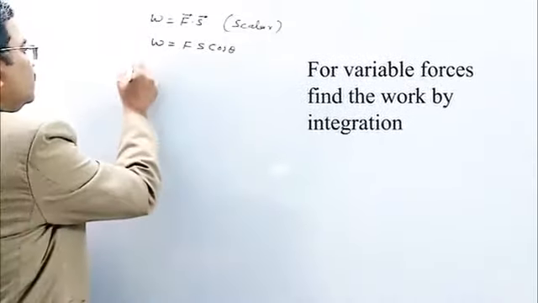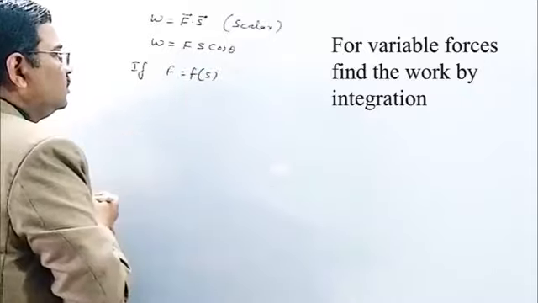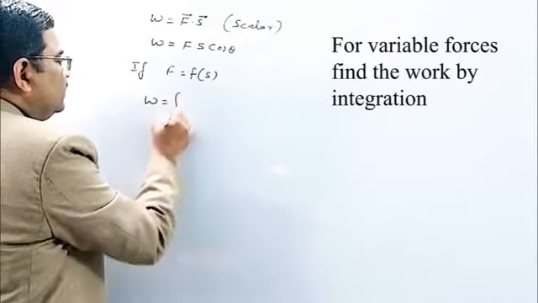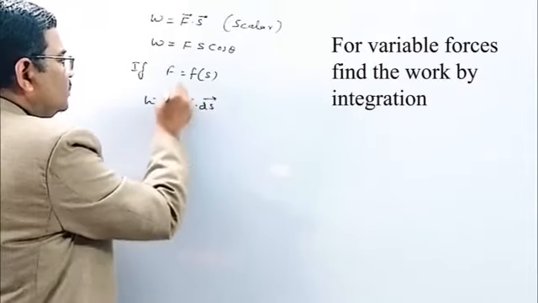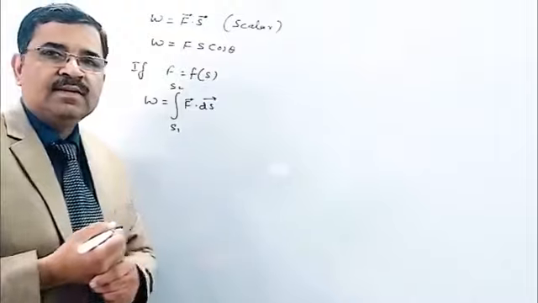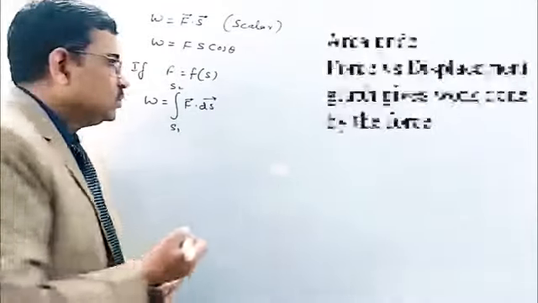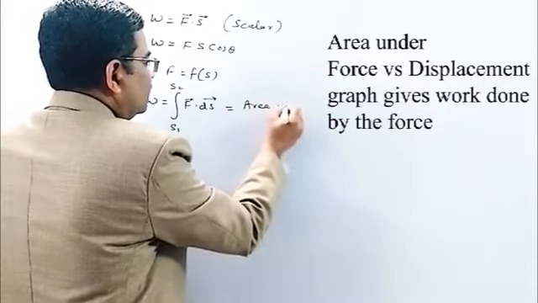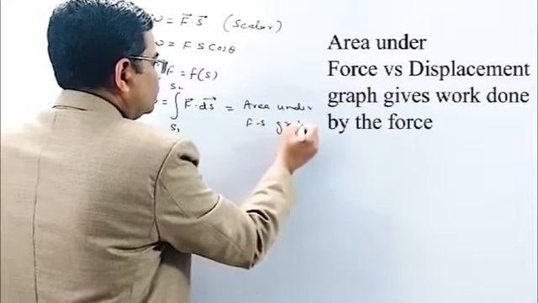So if force is a function of position, S is position, then work is given by the integration of F dot ds from S1 to S2. And students, integration means area under the graph. So I can say that work is given by the area under the force displacement graph.